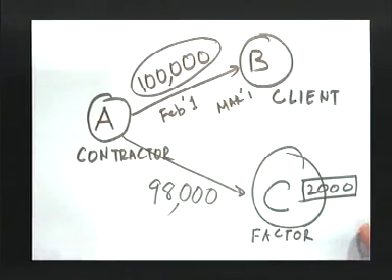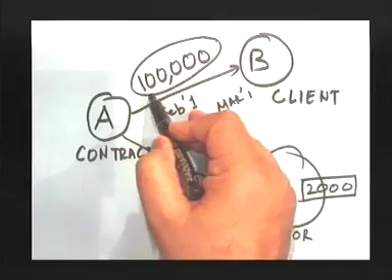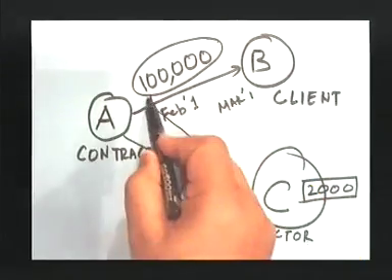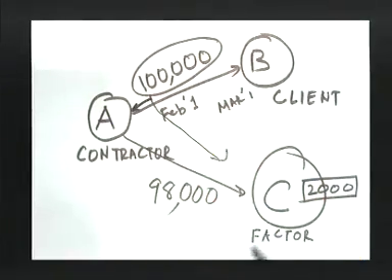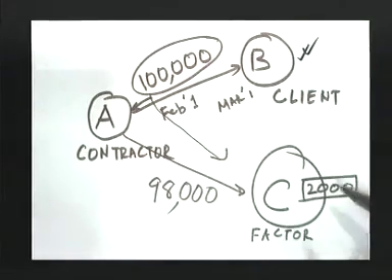Now, these factors are experts at collecting money from different agencies. So, the moment they receive this 100,000 bill from contractor A, they will quickly verify it, check the reliability of client B, and then decide the commission.